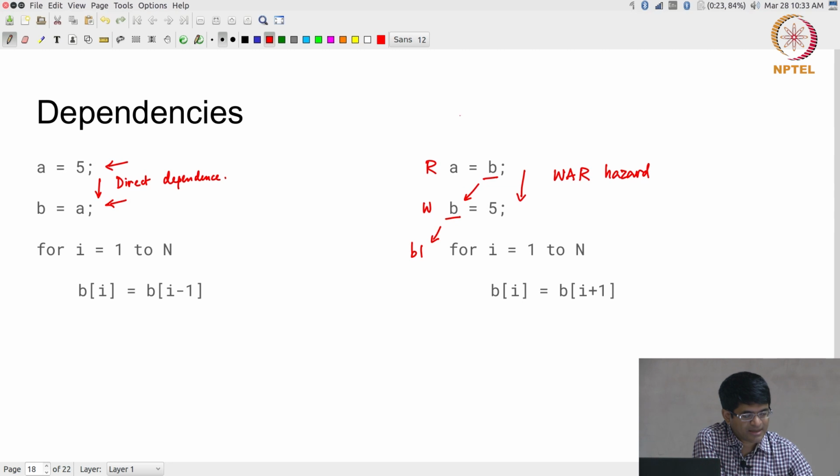So, this is essentially something called single assignment operation. Any variable can be assigned only once. Now, for those of us who are used to programming with languages like C and Java, this is a bit counterintuitive. It is the exact opposite of what we are trained to do.